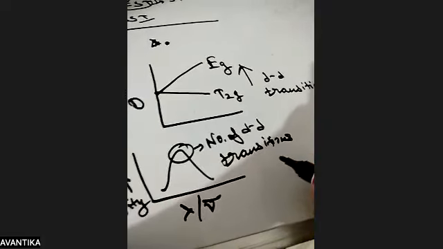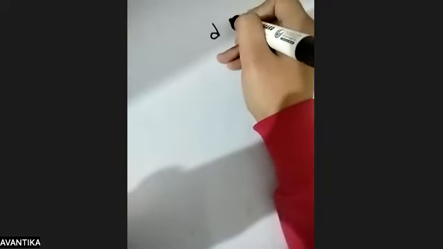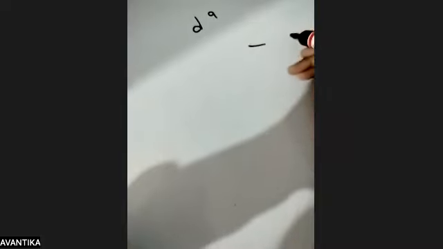We have d9 electronic configuration. Here one hole is present. So here one hole transition will occur.